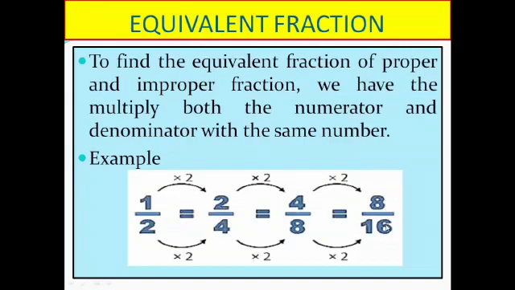Similarly, 8 upon 16 is an equivalent fraction of all these three fractions. So we can say all these four fractions are equivalent to each other. They are equivalent fractions.